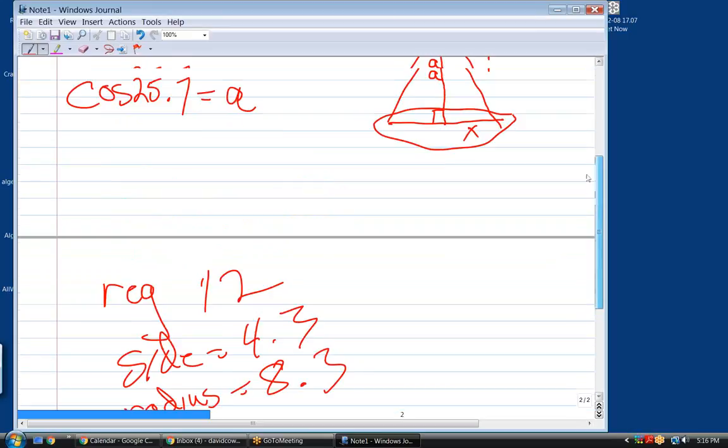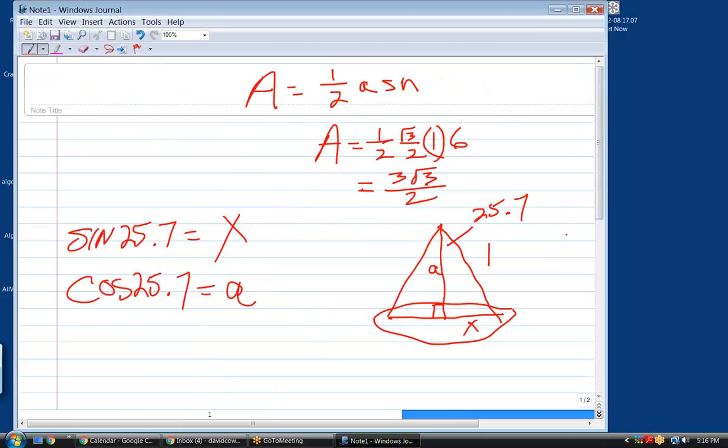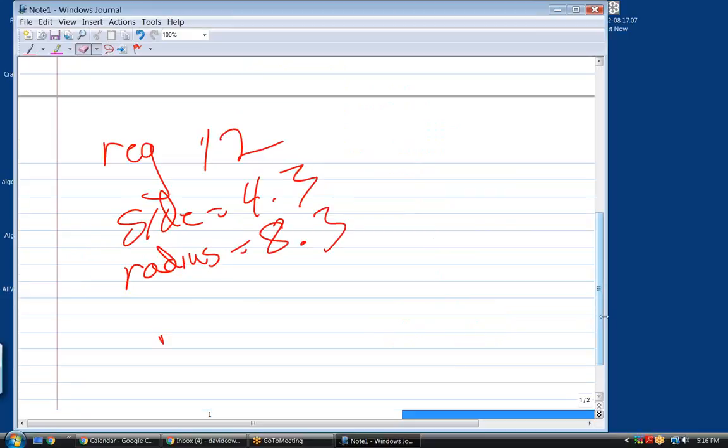In other words, in our previous problem, which I erased, this was the radius, this was the apothem. Notice that the apothem comes straight down at a right angle, whereas the radius is always on the side of one of those triangles that's being fit in there.